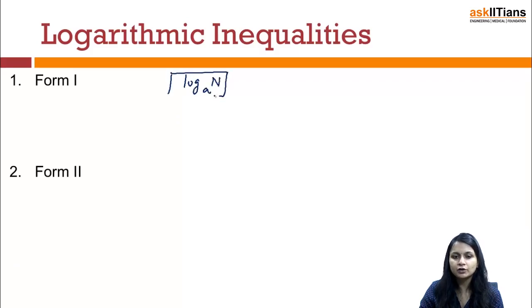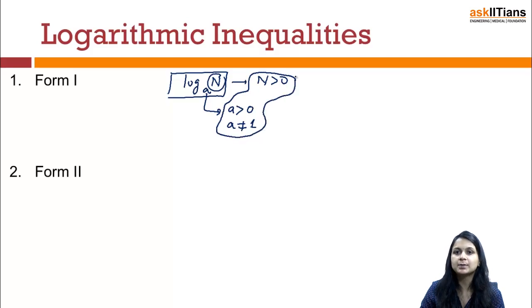Whenever I am solving any logarithm inequality, the three conditions that I will always take into concern are: this number n should always be greater than 0, and this base a should be greater than 0 and it should never be equal to 1. Any inequality we solve, we will definitely solve it by some method, but these three are the basic conditions that we should always take care of.